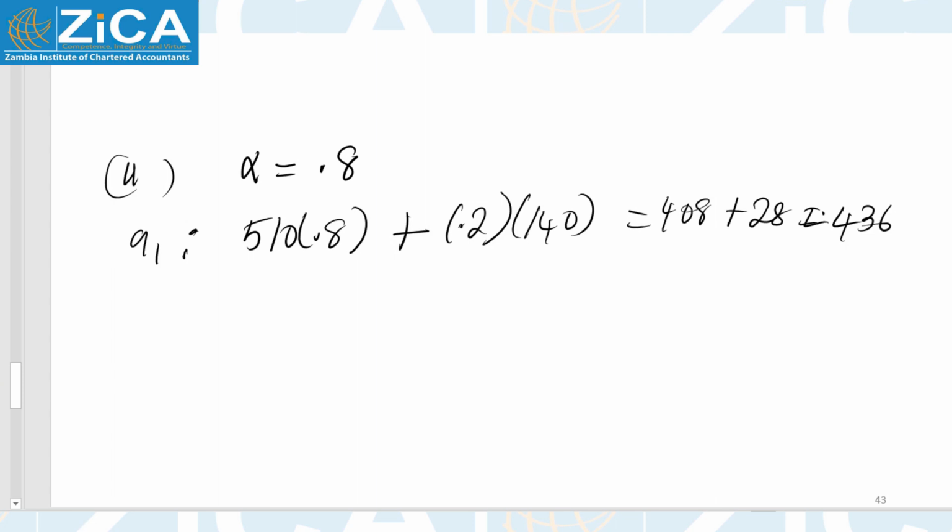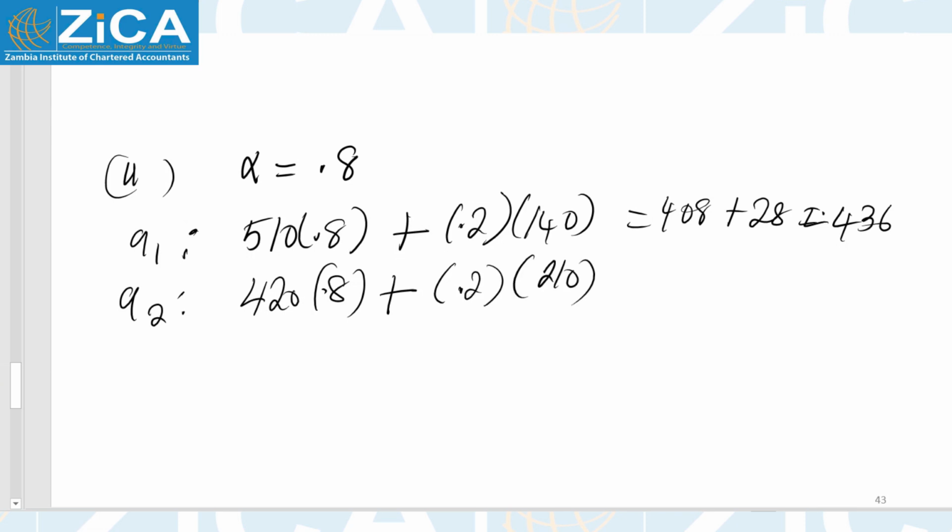436. Action A2, the maximum payoff will be 420 times 0.8 plus the worst there is 210 multiplied by 0.2. That's the worst. If you simplify, you get 336 plus 42. And that will give you 378.